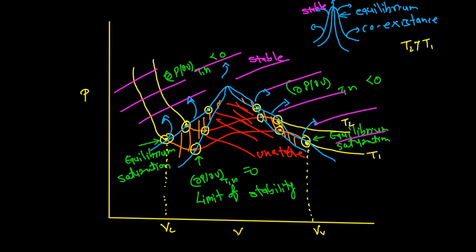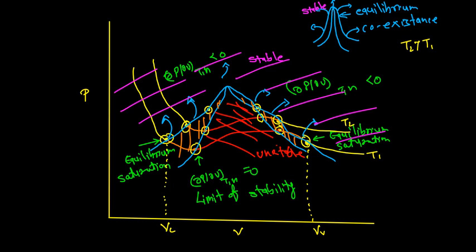We'll see the implications of metastability on various chemical processes in a later section. But what we learn from this phase diagram is that there exist three regions: the stable region, the metastable region, and the unstable region. In the unstable region, the material does not satisfy the stability criterion, as a result of which there is no process by which we can observe the system in such a state.